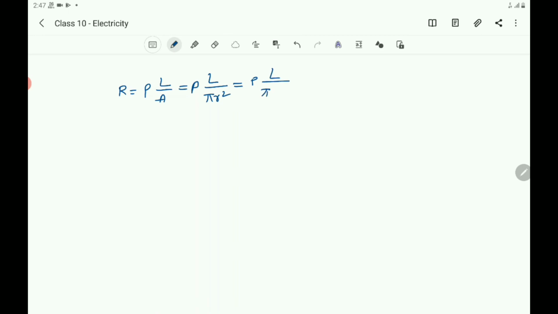Here r is half of the diameter, so you take d by 2 whole squared. Then you will get ρL by πd² by 4.